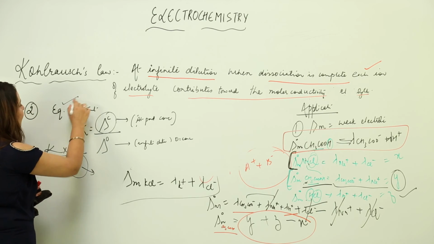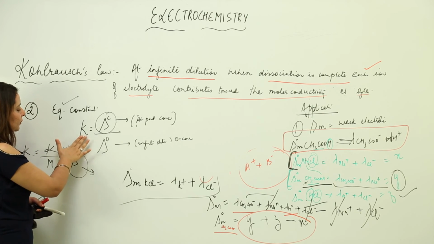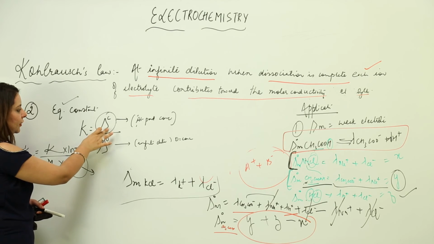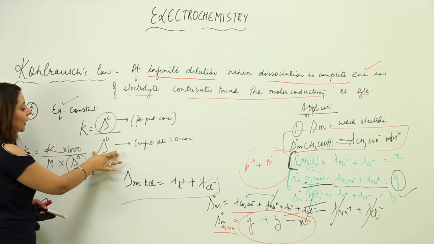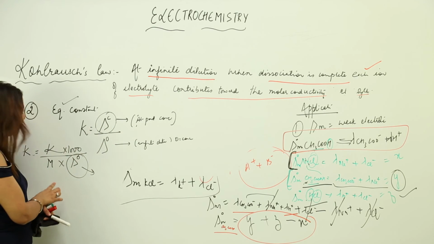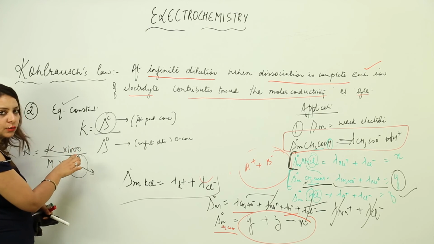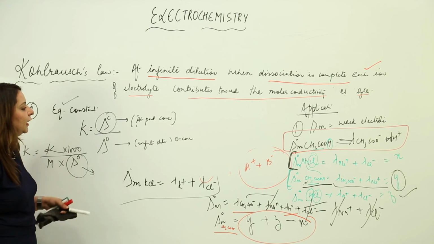So this is the second application, that we can find the equilibrium constant. How? We just had K equal to the conductivity at a particular concentration to the conductivity at infinite dilution. Putting this value, for molar conductivity we have kappa upon M into 1000. So this is what we can get, we can solve for K.